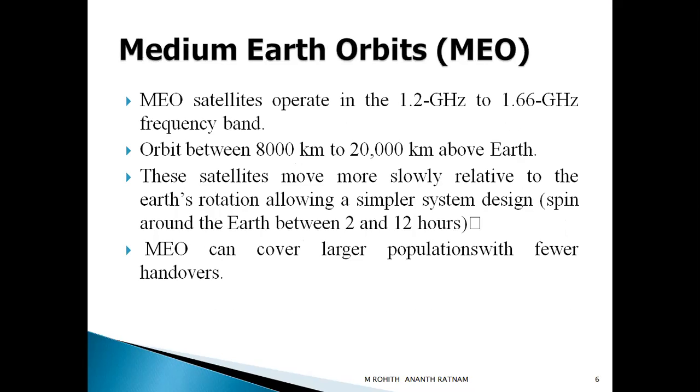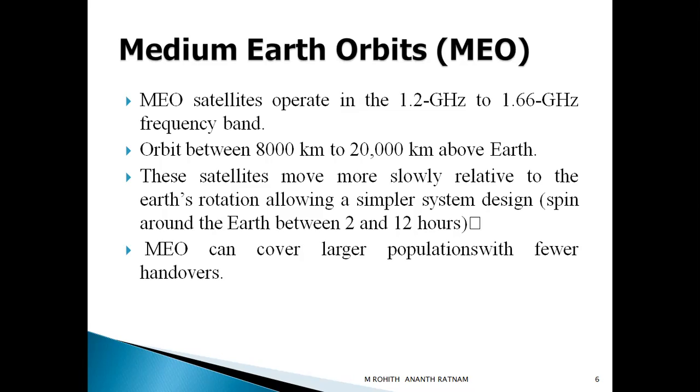Coming to MEO, medium Earth orbit. Here in medium Earth orbit, it is about 8,000 to 20,000 kilometers above the Earth, when you project your satellite on this MEO orbit.